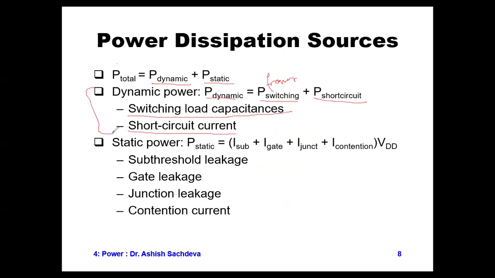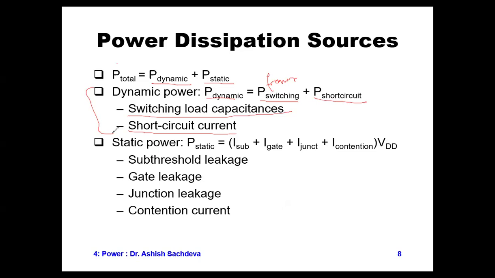So whenever you are supposed to compute the dynamic power in any circuit, you please assume that for whatever inputs your switching of input is there, those powers will be in account of dynamic power. If your input is static, meaning a DC input, either 0 or 1, and there is no switching in the input, it means your power is static, right?